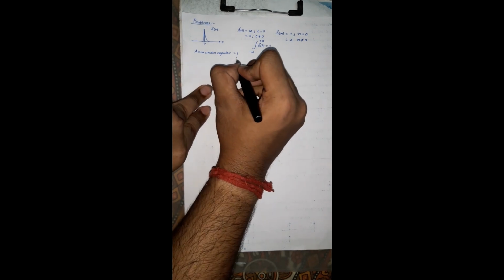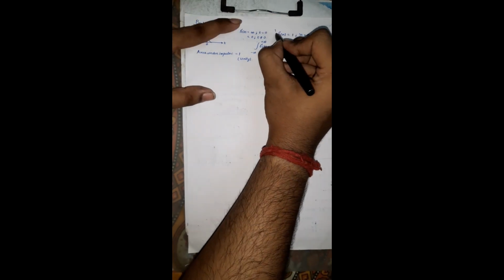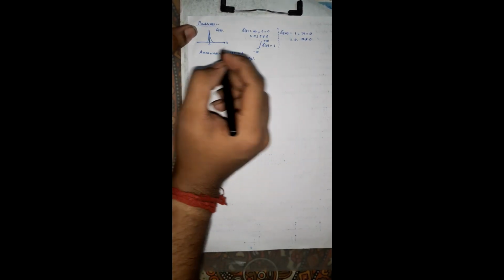Remember it. In continuous time domain and in discrete time domain, the nature of the impulse is completely different. Just remember it. So, how to recover from this problem?